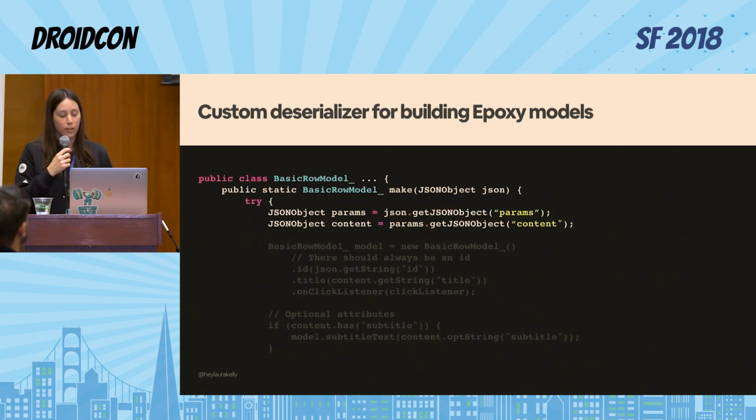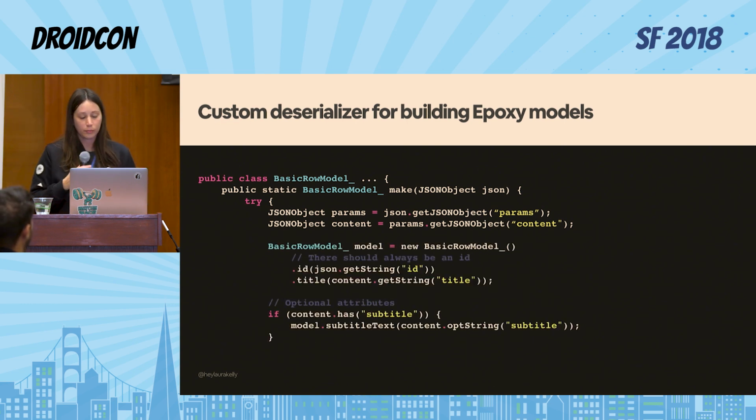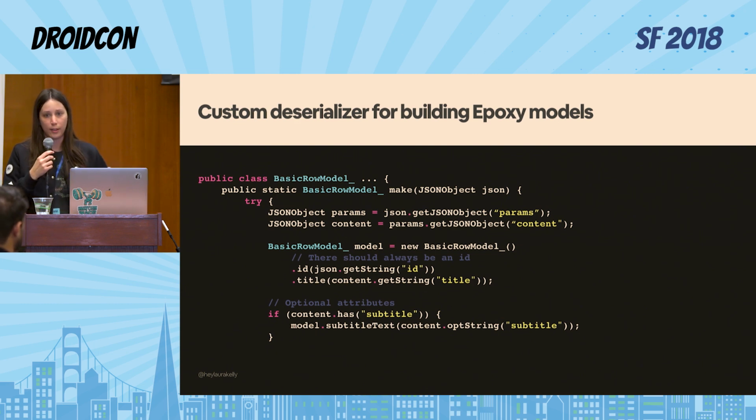JSON is passed into this generated method, and we get the params and content from that response. And then there's code to build the model, passing in the required parameters. And at the end there, you can see the subtitle is optional. So if that property is available in the JSON response, it will be added to the view, otherwise it won't.